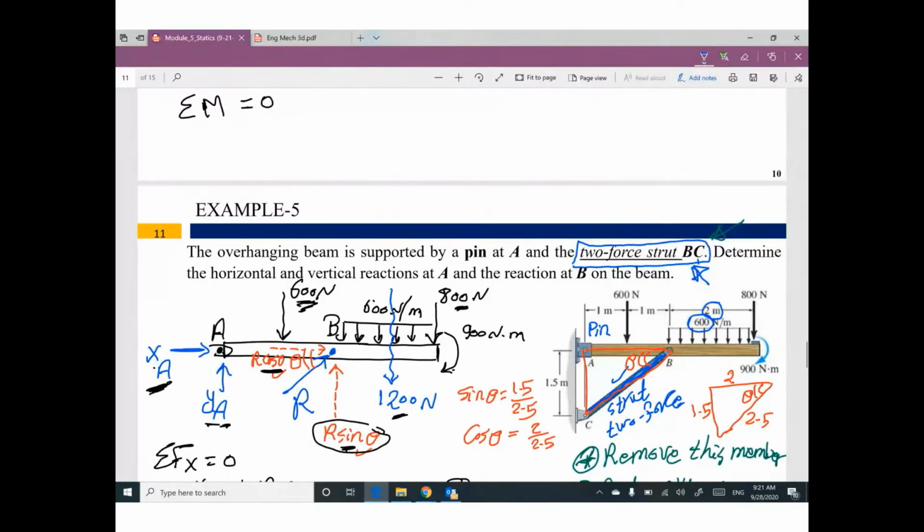This is the third equation. But my recommendation is to take moment at the support with the large number of reactions. So I'm going to take moment at A. I'm going to assume this direction, which is clockwise, is positive. So go ahead. XA times 0. YA times 0.